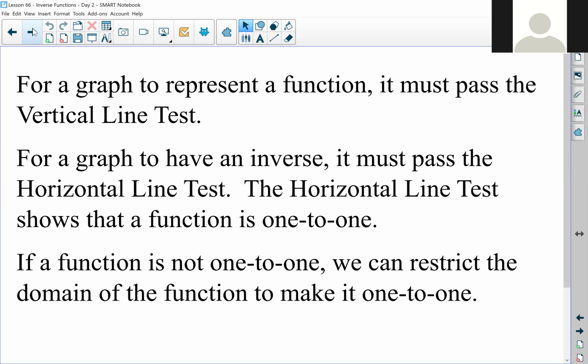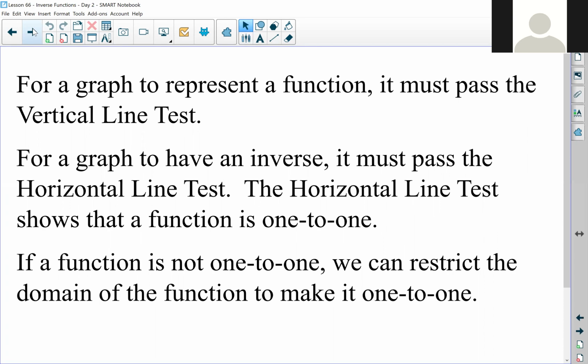So in order for a graph to represent a function, you might remember it has to pass the vertical line test. In other words, a vertical line can pass through at most just one point, and then you have a function. With inverses, we have something called the horizontal line test.